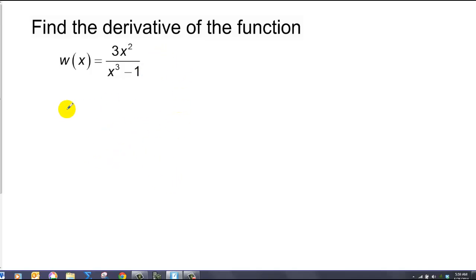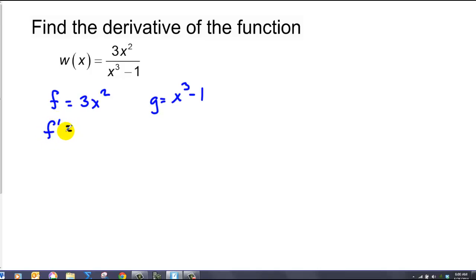We're going to identify 3x squared as my numerator, so that's my f function, 3x squared. My g function is the denominator, and that's x cubed minus 1. Find the derivative of both.